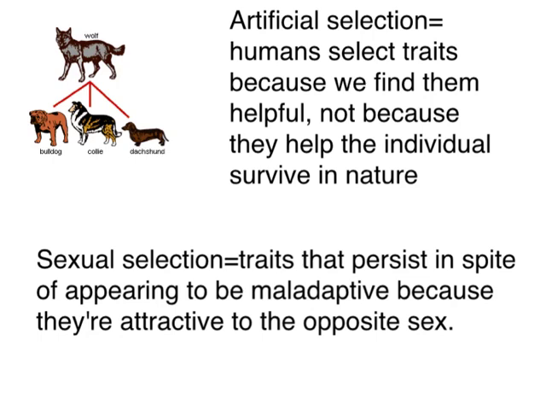There is one other variation, and you guys are going to watch a little video on it, and this is called sexual selection. Sexual selection happens when traits persist in spite of appearing to be maladaptive in an environment. So, for example, Darwin once said the sight of a peacock makes him sick because when he saw a peacock, he saw a bird that's very colorful. It's got a tail that keeps it from flying. It can't really camouflage and hide very well, and he couldn't understand why that tail would persist in nature.